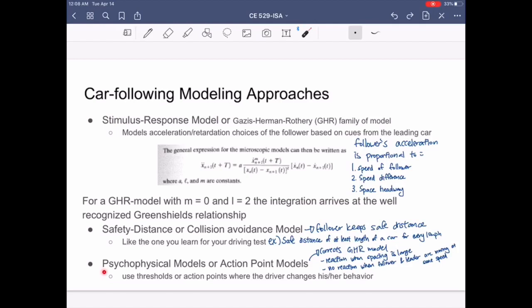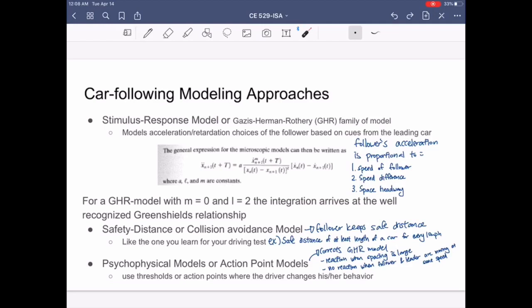And the last one is the psychophysical models or action point models. This model actually corrects the GHR model. The problem with the GHR model is that it assumes that the follower reacts even when the spacing between follower and leader is very large. It also assumes that the follower would not react when the follower and the leader are moving at the same speed.